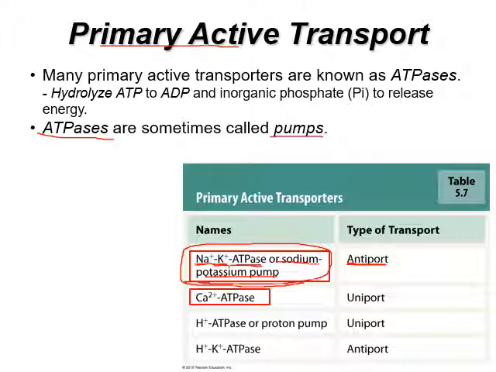Okay, but sodium potassium pump, write this one down or get this lodged in your memory. We're going to look at it in a second here, but this is one of the most important proteins in your body. About a third of your energy, the calories you eat, are used to fuel this sodium potassium pump in your body.